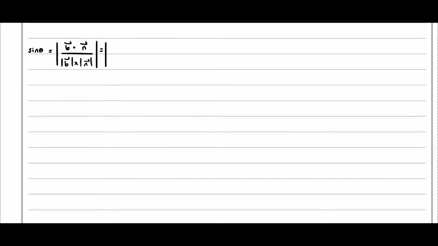So if we work all this out, we have b dot n. So we have 2i plus 3j plus 0k dot product with 3i minus 5j minus 18k.